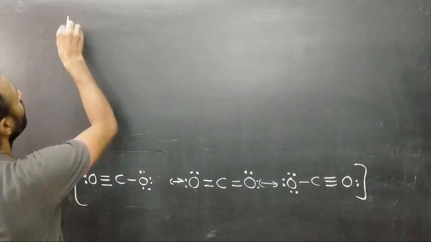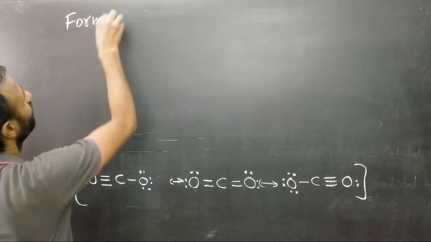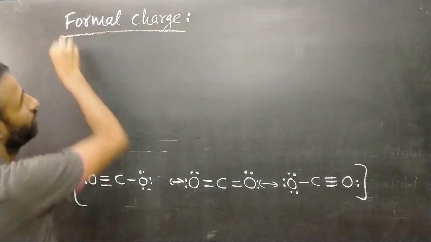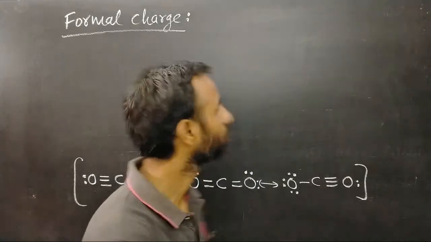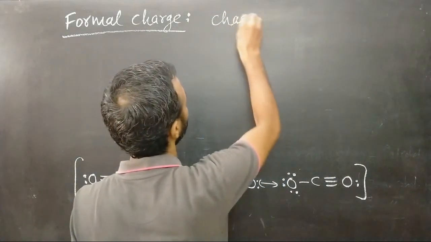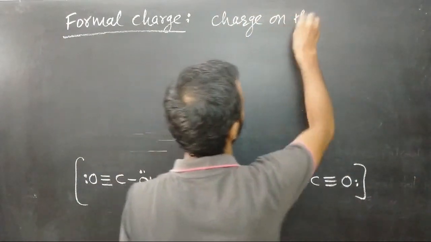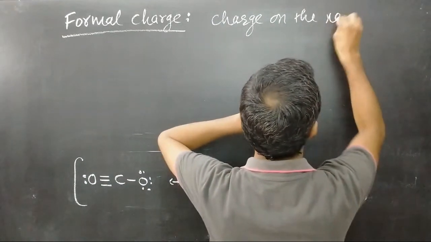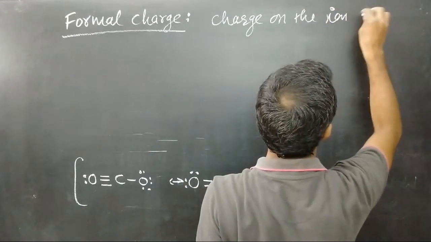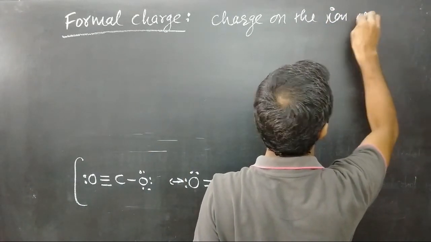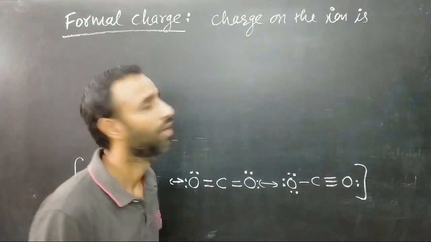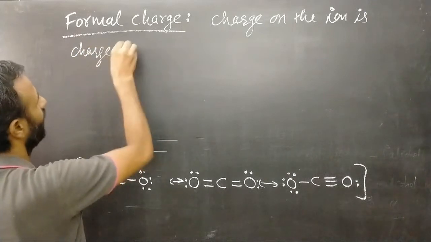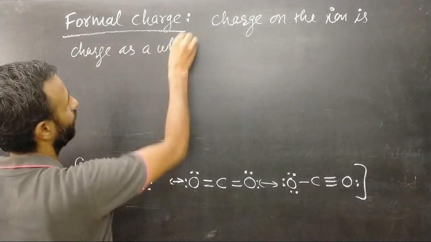Now, formal charge. Charge on the molecule, charge on the ion is the charge as a whole.